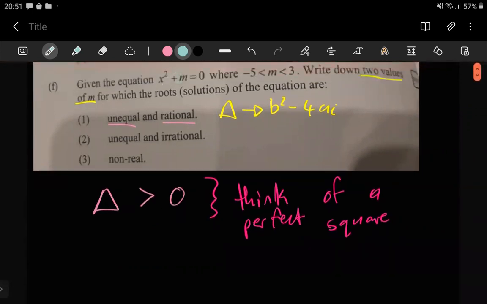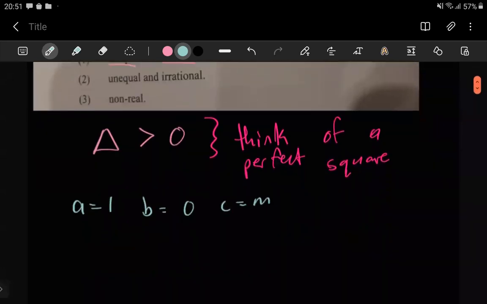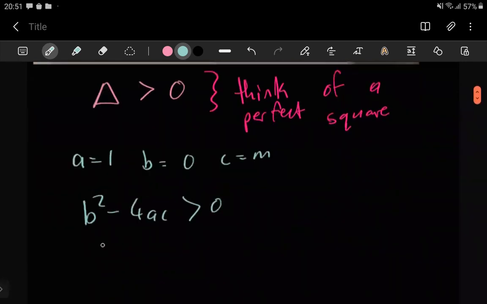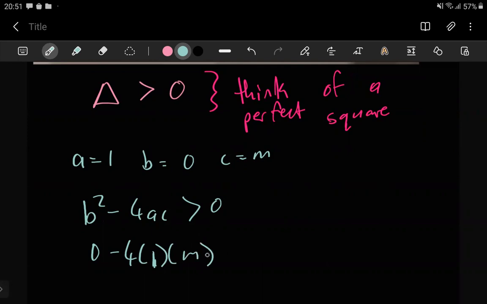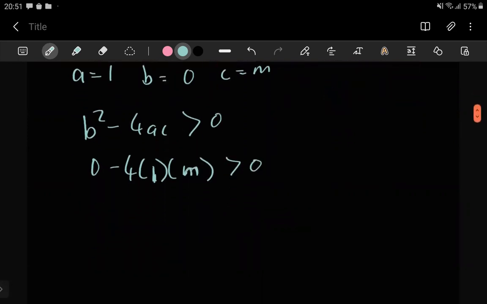In terms of this equation, our a value is just 1, our b value is 0 because it's not there, and our c value is the m. So we're working out where delta is bigger than 0, meaning b squared minus 4ac is bigger than 0, where b is 0, a is 1, and c is m. This gives us -4m bigger than 0.